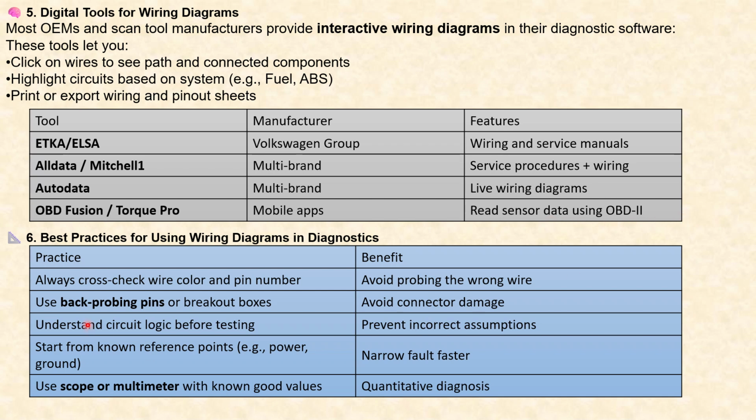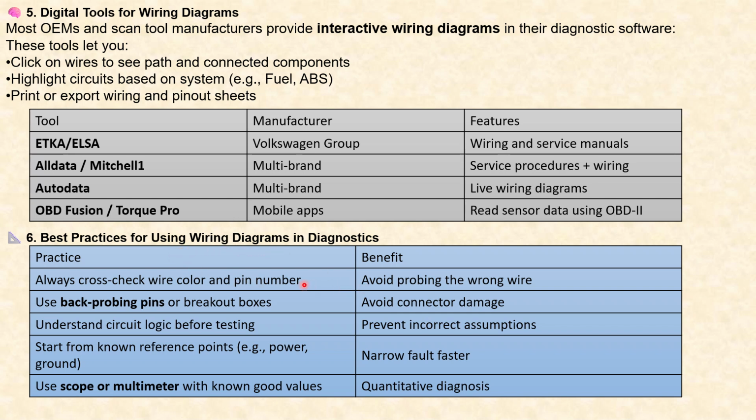Now, talking about the best practices for using wiring diagrams in diagnostics, I'll go through the practice and the benefit. First, always cross-check wire color and pin number. This is a very important practice while using wiring diagrams.